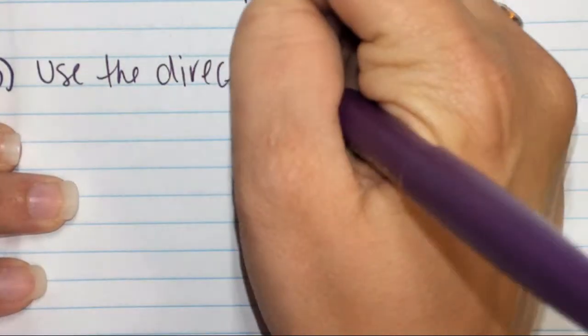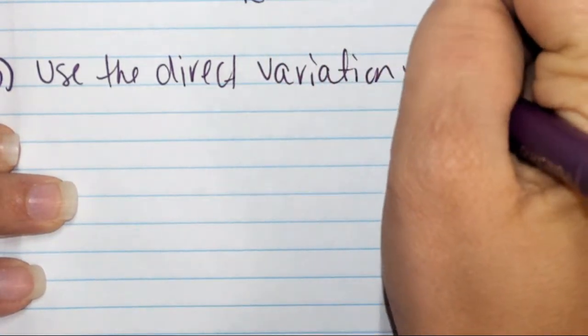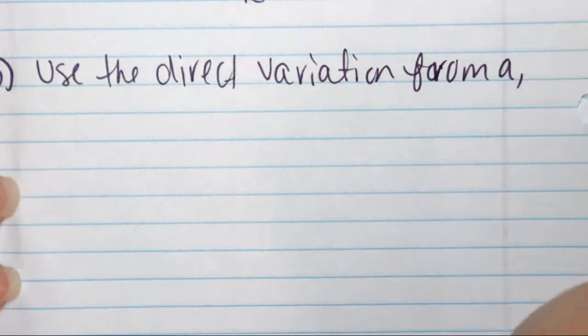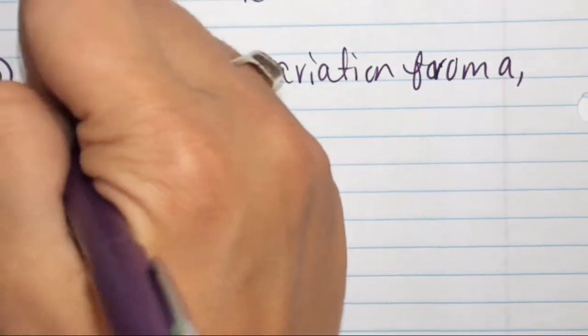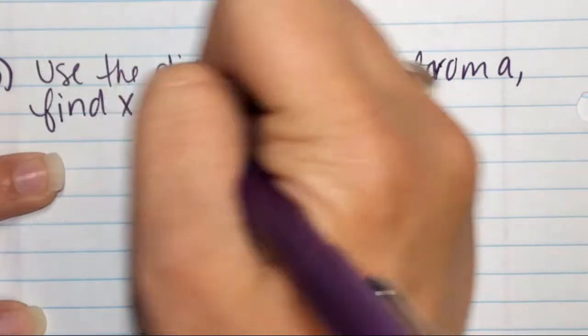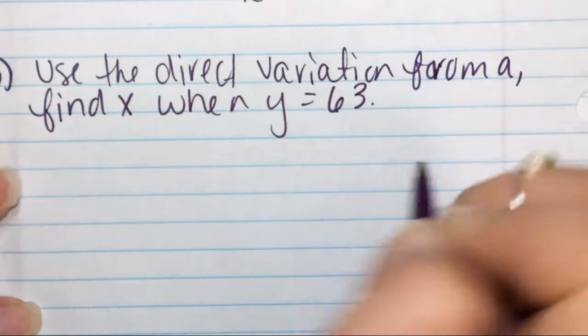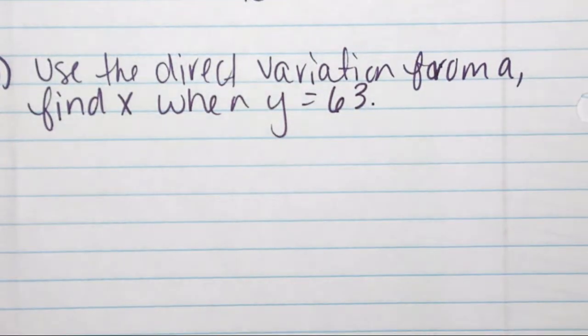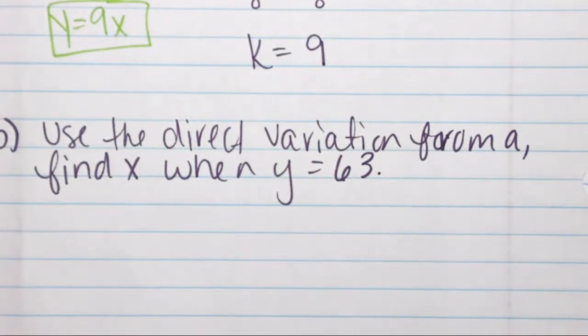I want you to use the direct variation from A, find x when y is 63. So we're going to use our green equation. It wants you to use this direct variation.